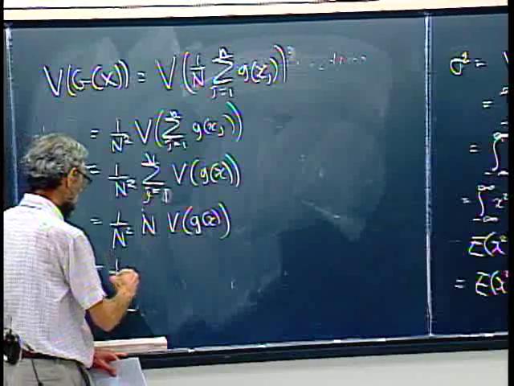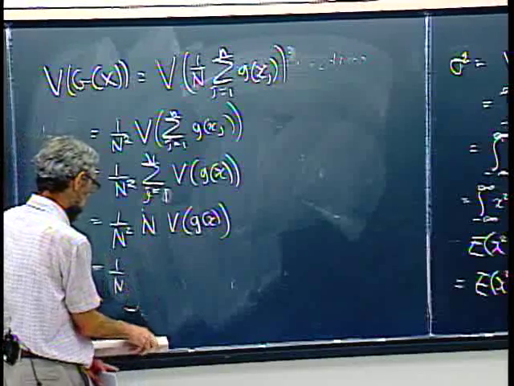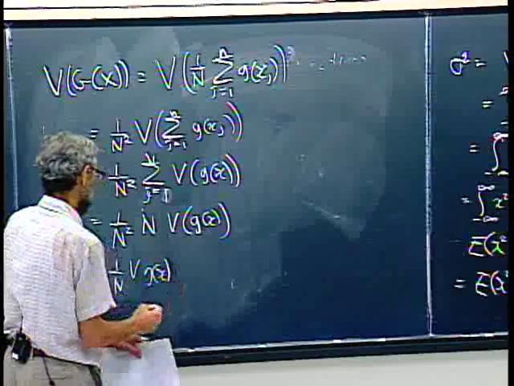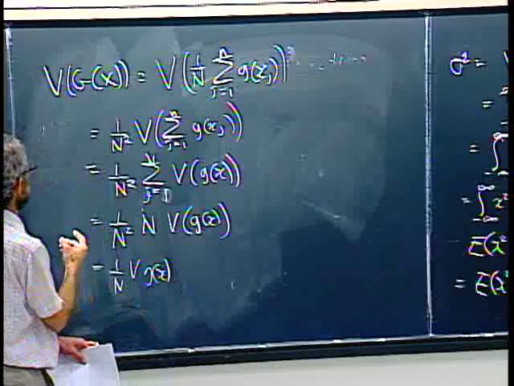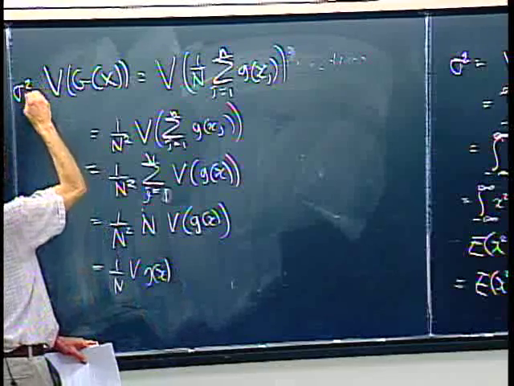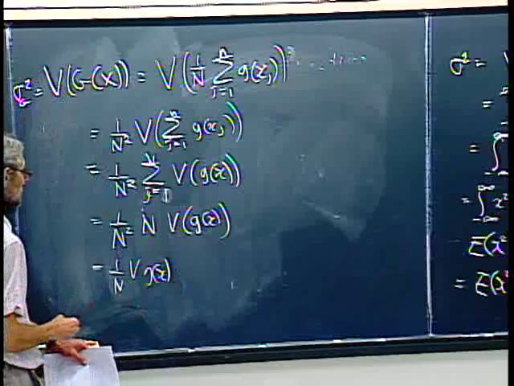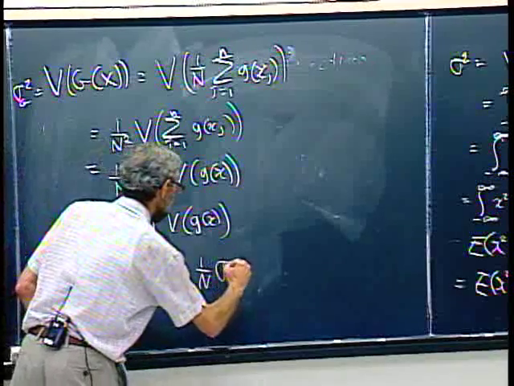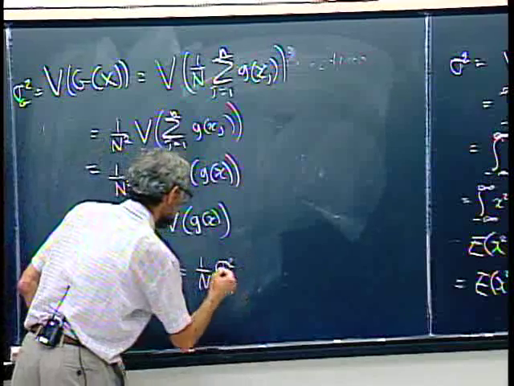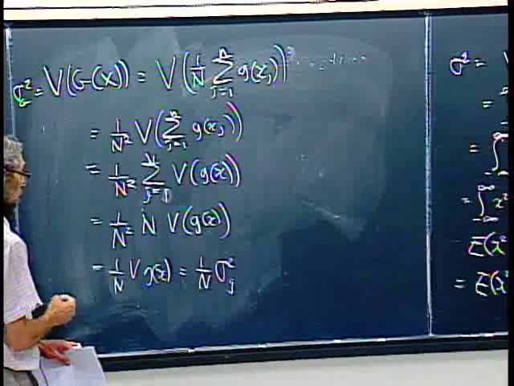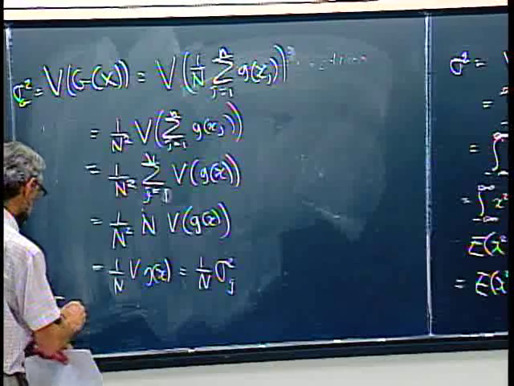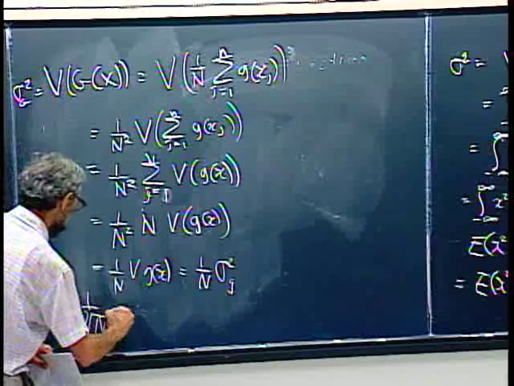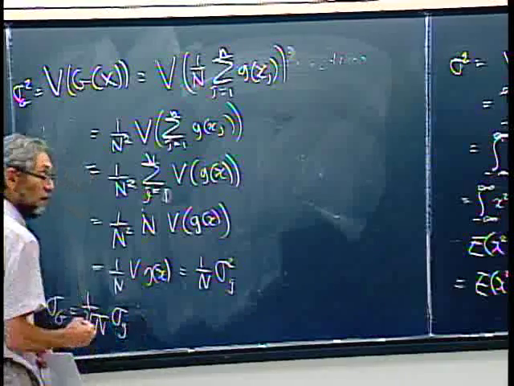I still have 1 over n in the denominator. So in a sense, if I think of this as sigma squared for the average and this as sigma squared for lowercase g, then sigma for the average is 1 over the square root of n times sigma for one trial.